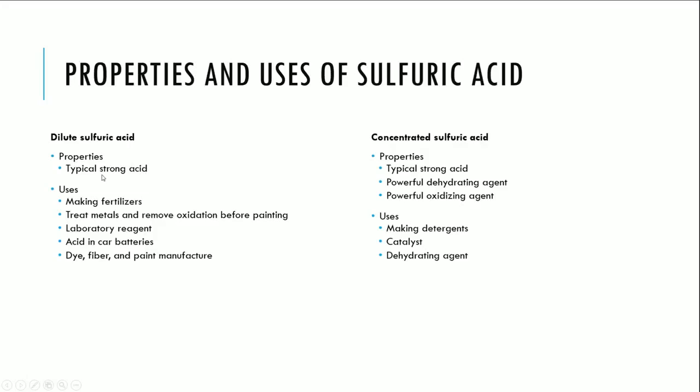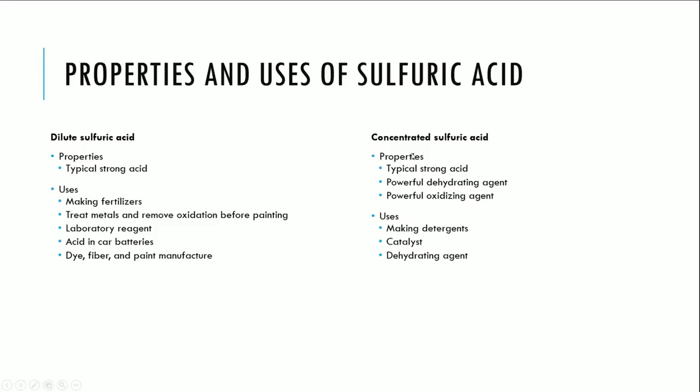The general uses of dilute sulfuric acid would be to make fertilizers, treat metals, and remove oxidation before painting, laboratory reagent that you find in your labs at school, acid in car batteries, dye, fiber, and paint manufacture, all that sort of stuff are fairly common uses.